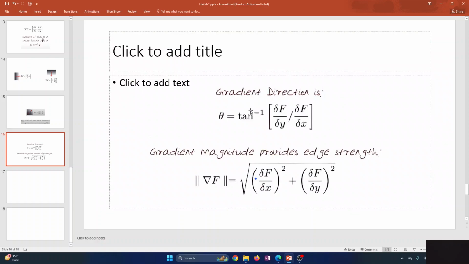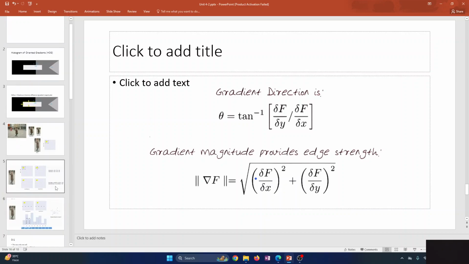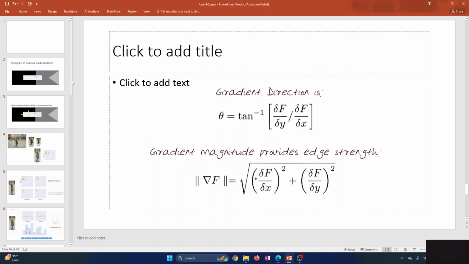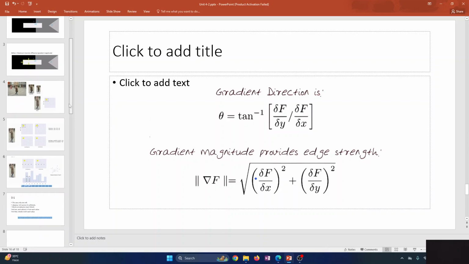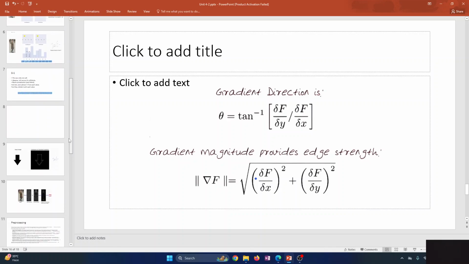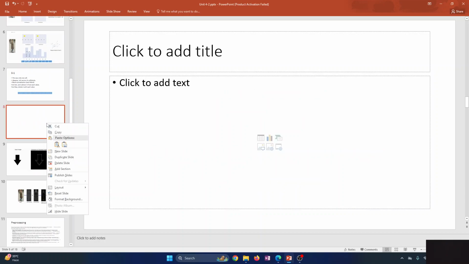The gradient direction is tan inverse of y over x, and the gradient magnitude provides edge strength. We have discussed this, and we have also discussed this. It is the same thing. That's why I was saying that you need to just watch this video maybe 2 to 3 times, and most of the things will be clear to you.